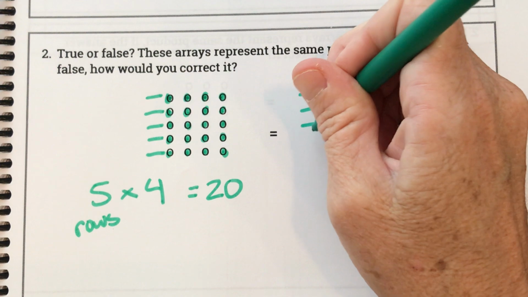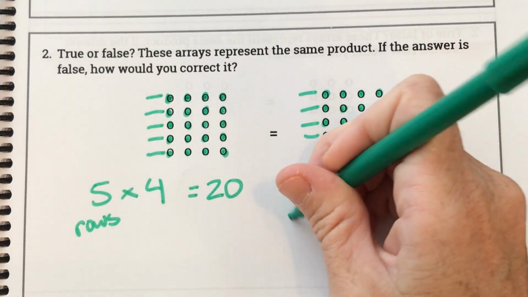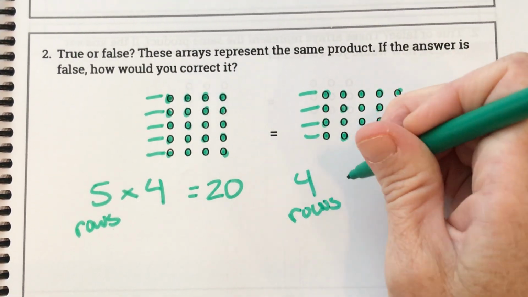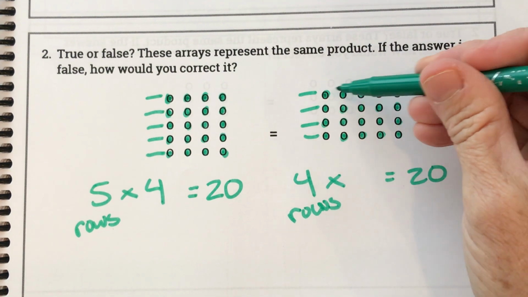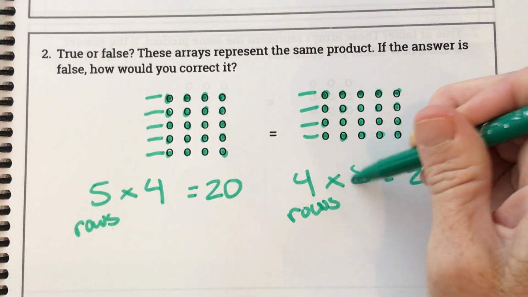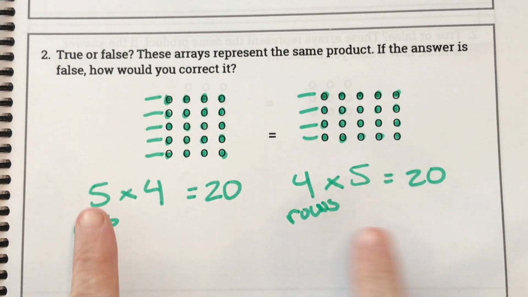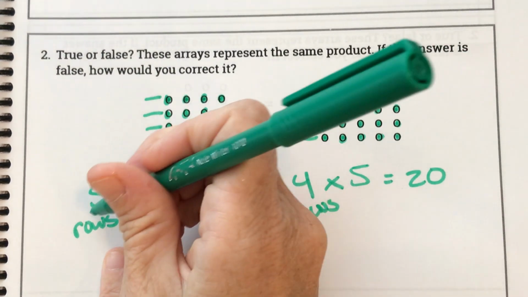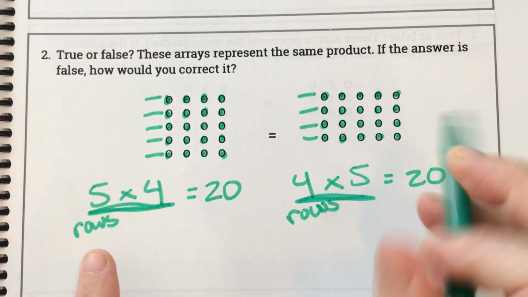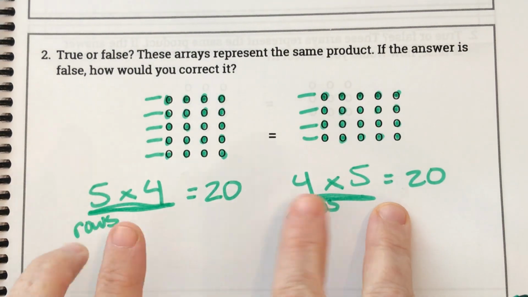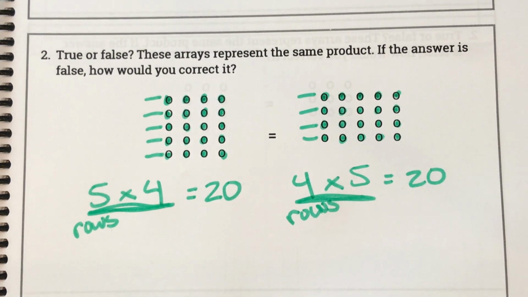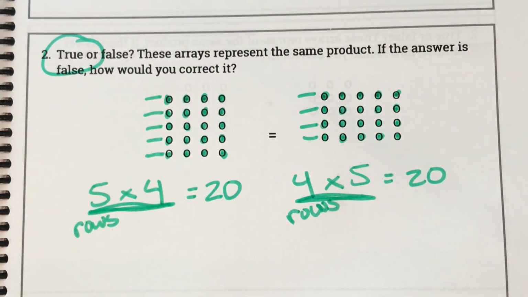We have 1, 2, 3, 4 rows. 4 rows of how many? 1, 2, 3, 4, 5. 4 rows of 5 equals 20. Well, of course those would be the same because all I did was take my 2 factors and switch them. And that's what the commutative property says we're allowed to do. So that one is true.